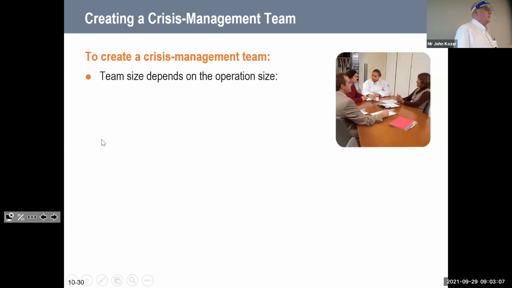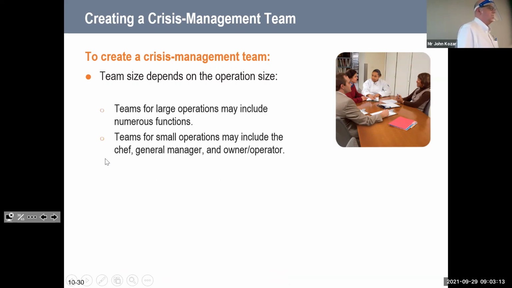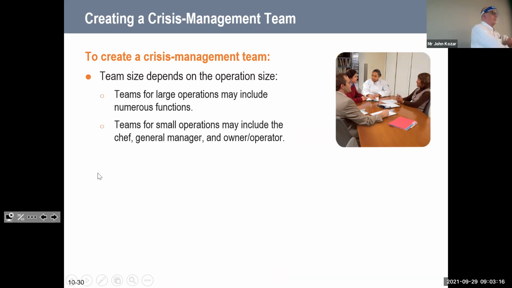You want to have a crisis management team. The size of the team depends on the size of the operation. Teams for large operations may include numerous functions. So typically, like at the university, there's a lot of different areas outside of academics that you may or may not be aware of.